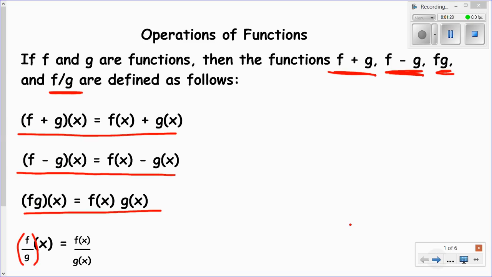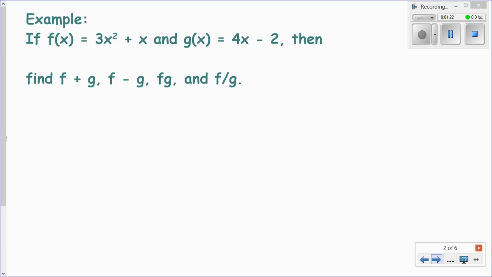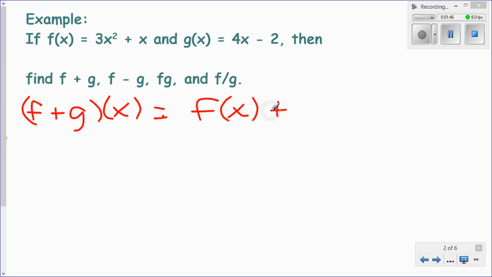Okay, let's look at some examples. If f of x equals 3x squared plus x and g of x equals 4x minus 2, then find f plus g, f minus g, f times g, and f divided by g. First we're going to add the functions. F plus g of x, remember, equals f of x plus g of x.